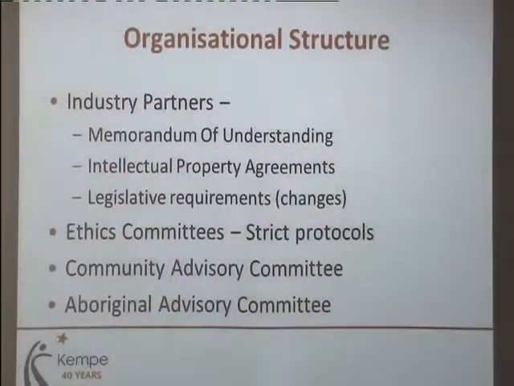They've got an ethics committee that reviews all of the ethical requirements for pulling the data together, a community advisory committee, and in Western Australia, they also have a fairly large Aboriginal population, and so members of that community are also provided with special attention in terms of issues that might affect them specifically.